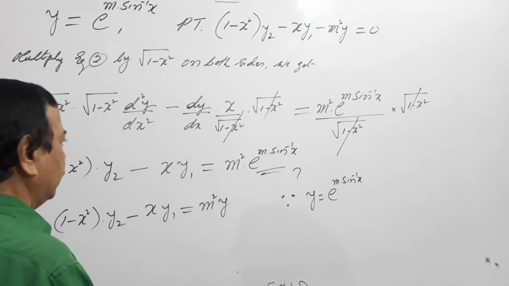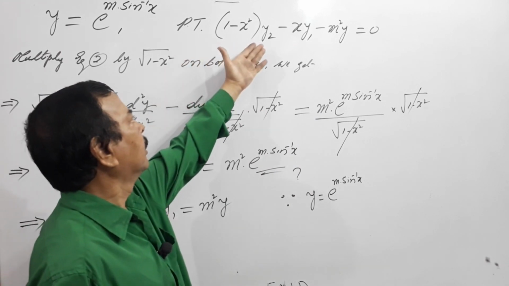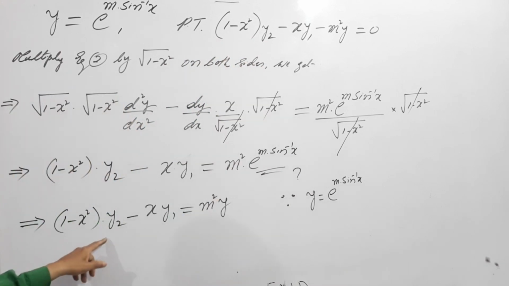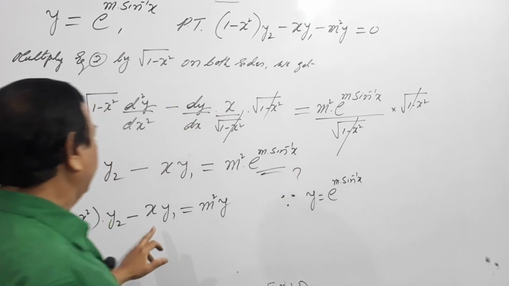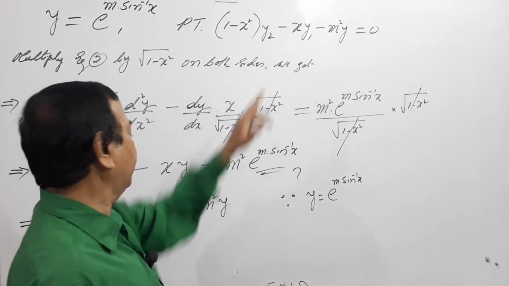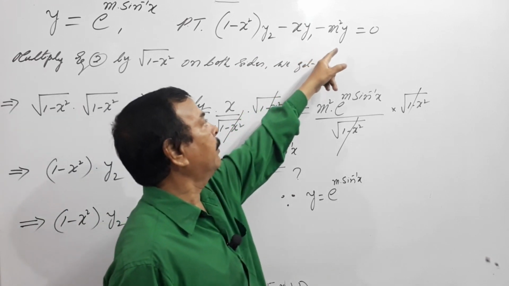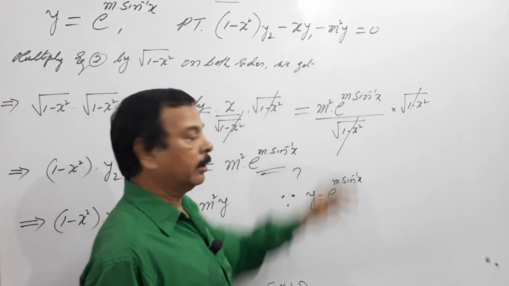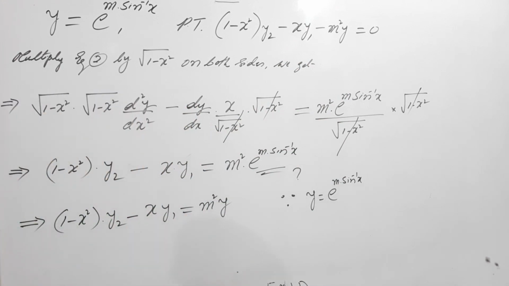So what does the examiner want? He wants 1 minus x square into y2 minus x y1, but he wants m square y equals 0. So bring this to the left hand side, simple.